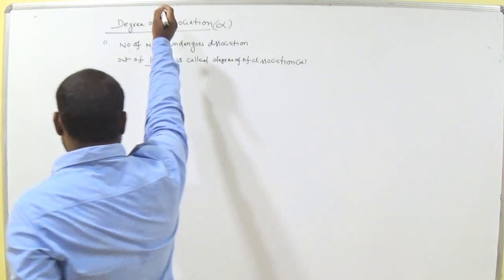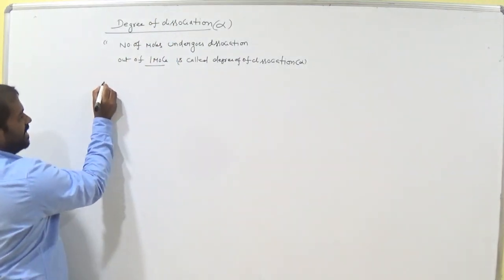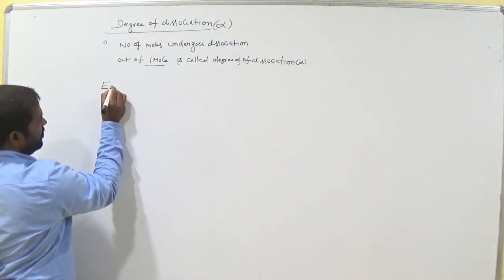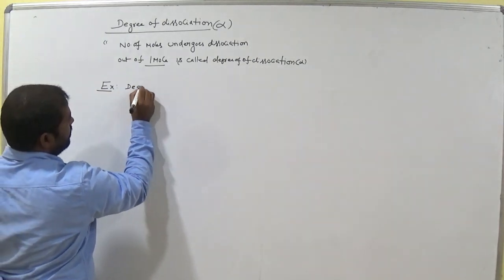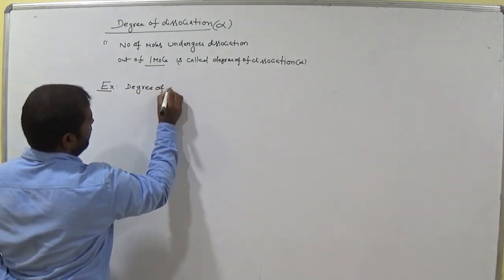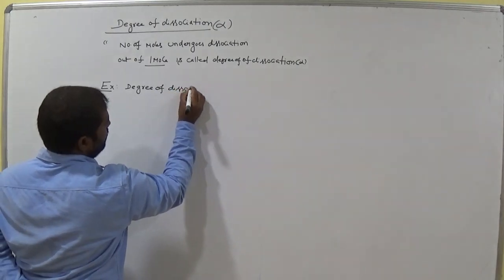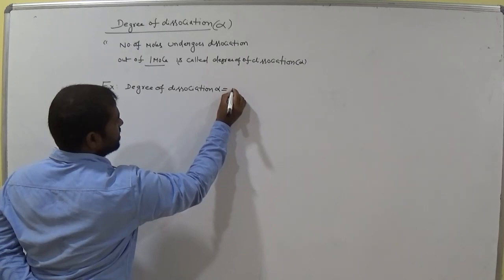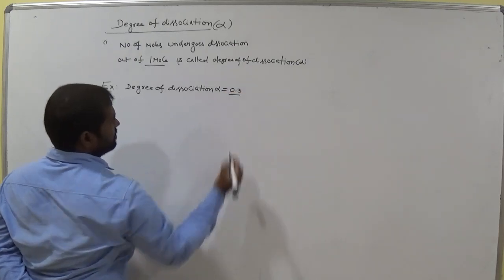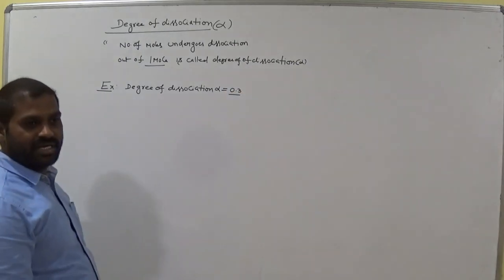For example, for your understanding, degree of dissociation alpha is equal to 0.3.